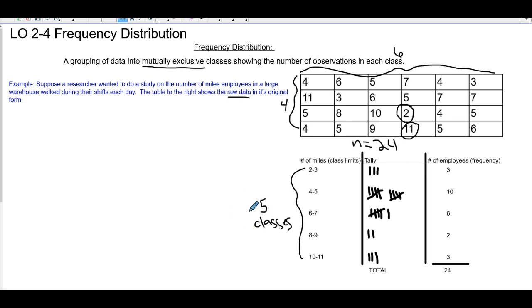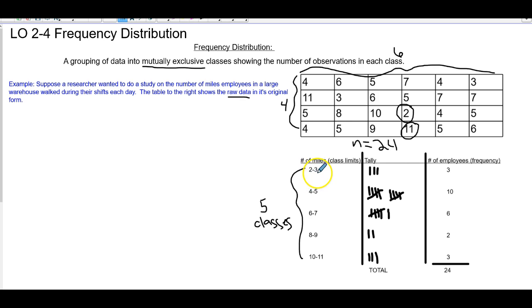You have to learn how to decide on the number of classes that's appropriate for each different frequency distribution that we come across. We want to make sure that we have enough classes that we can see the distribution of data easily.